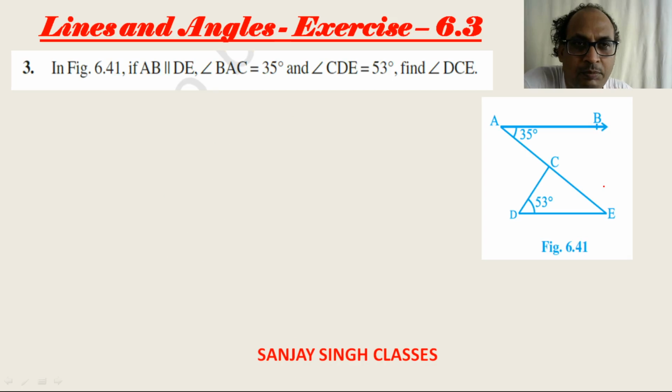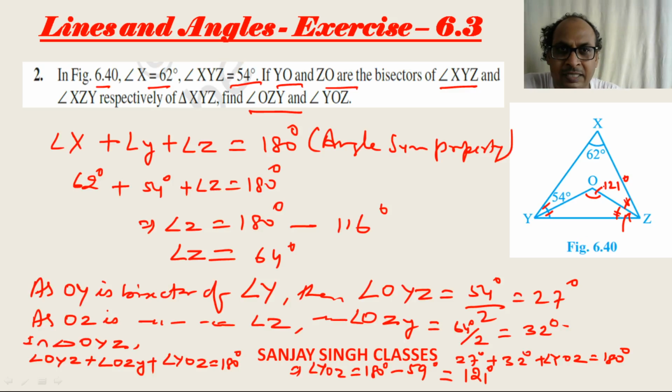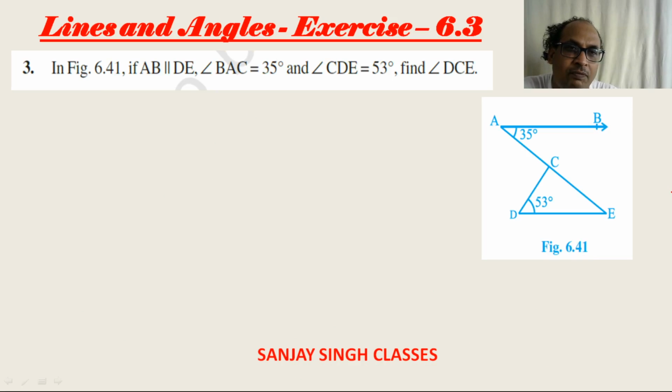We'll go for question number 3. So we needed to find angle OZY. OZY we already found, that is 32 degree, and YOZ 121 degree we have already found. Now in question number 3, we are given parallel lines. It means we need to use the parallel line property also.